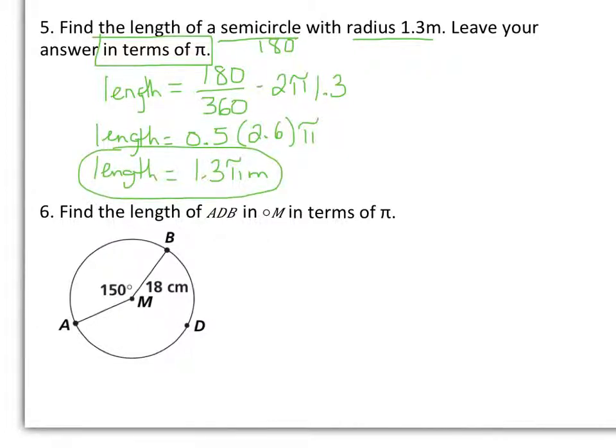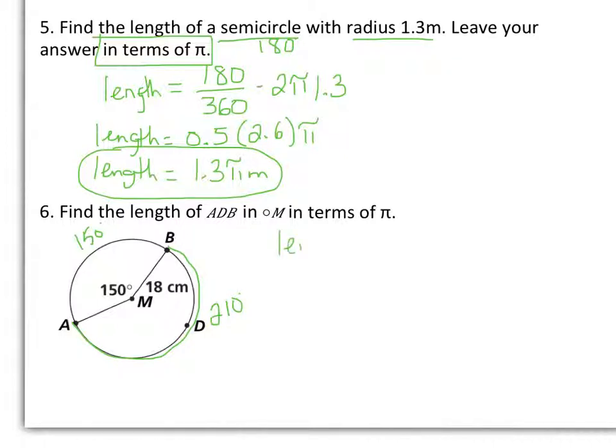In number 6, we want to find the length of ABD in circle M and leave our answer in terms of pi. Okay, so ADB is this side of our circle. We know that arc AB is 150 because it is the same as that central angle. So take 360 minus 150, we get that ADB is 210 degrees.